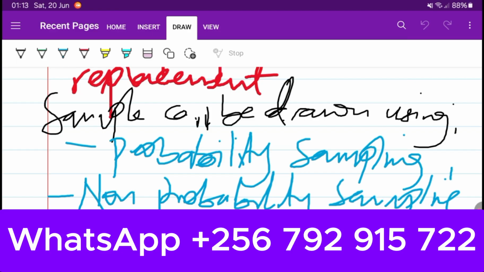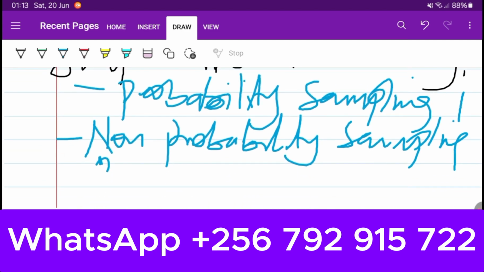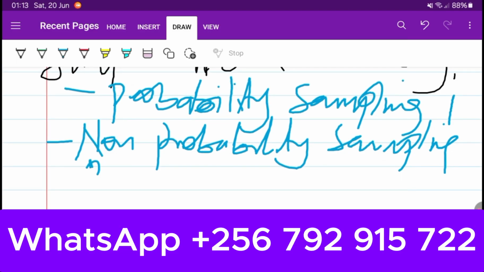So we've seen there are two ways of picking from the population, either by using the probabilistic sampling procedures or the non-probabilistic sampling procedures.